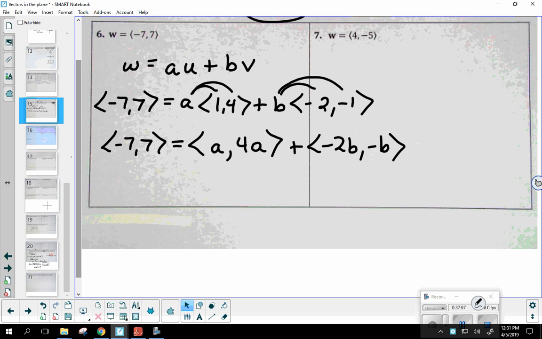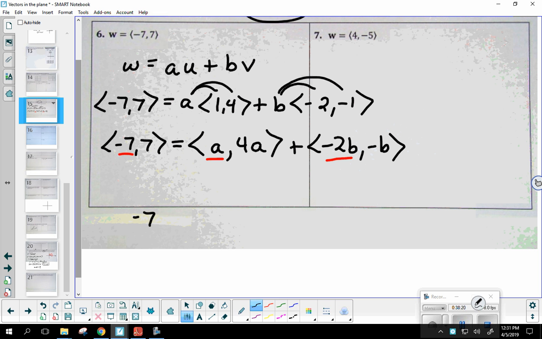And now here's the thing. How do I add vectors? How would I add 2 vectors to get -7, 7? Well, what would I add A to? It would correspond to -2B, right? But in the answer, it corresponds to -7.